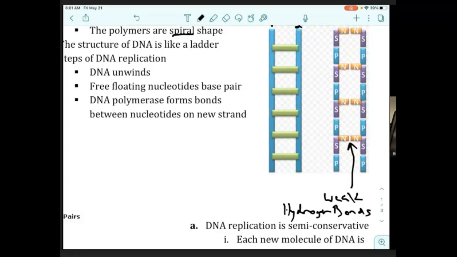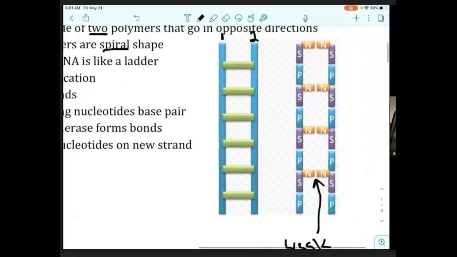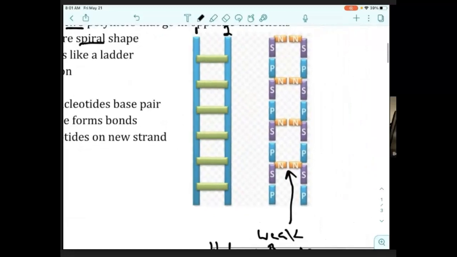Adenine, thymine, guanine, and cytosine. Those were the four nitrogen bases. Maybe we'll label that. And there, that could be G or C or A or T, one of the four, right?